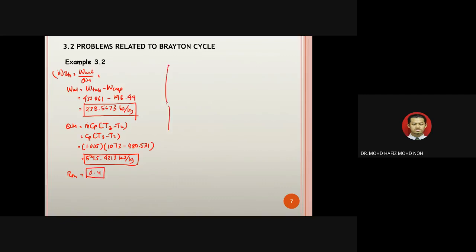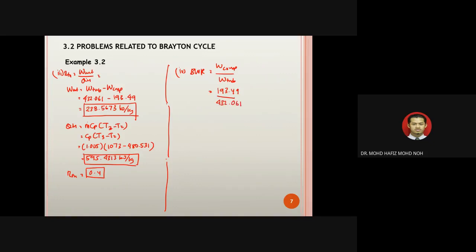Then for the last question, number 4, it requires you to calculate the back work ratio. So back work ratio is simply W compressor divided by W turbine. W compressor is equal to 193.49, and W turbine is equal to 432.061.